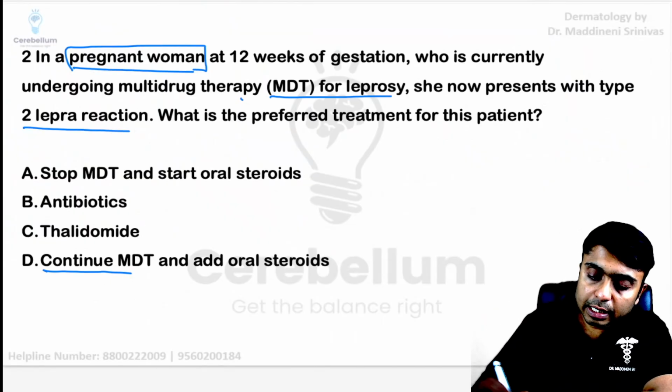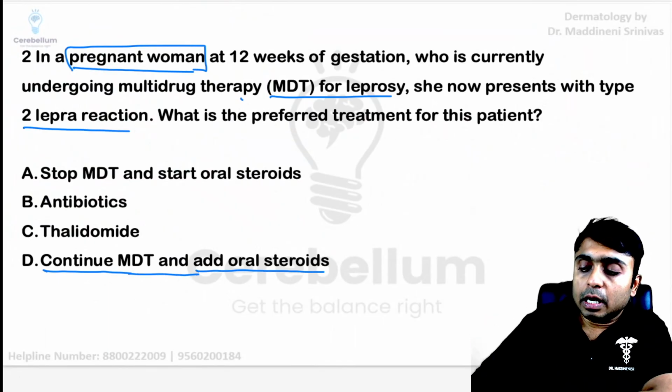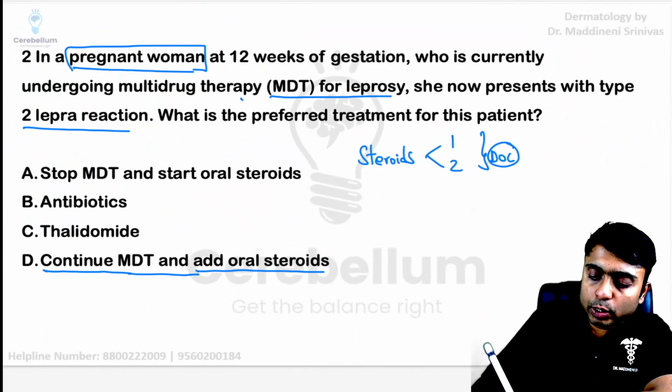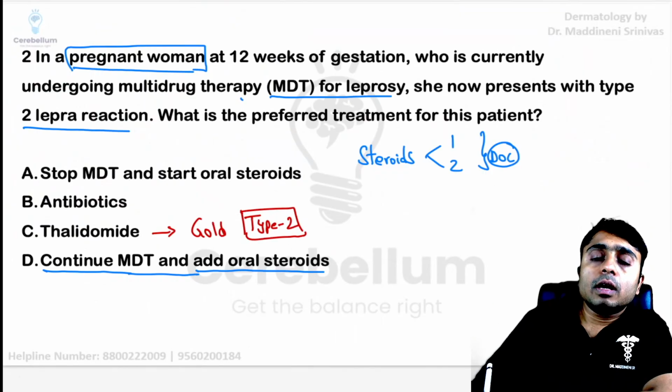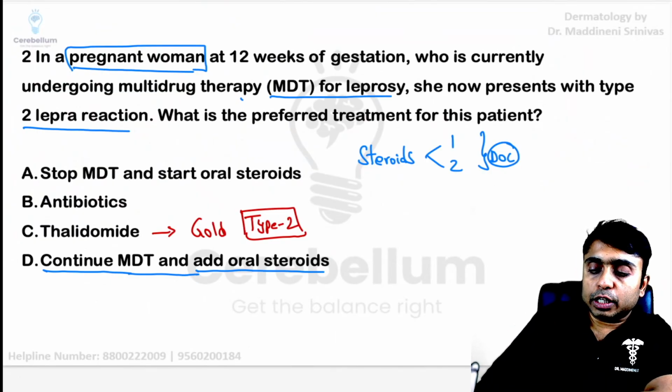So the answer here is going to be oral steroids. And remember, steroids are the drug of choice for both type 1 as well as type 2 lepra reactions. Very, very important point. Though thalidomide is the gold standard for type 2 lepra reaction, we are not going to make use of thalidomide. We are going to use oral steroids for both type 1 and type 2 lepra reactions.